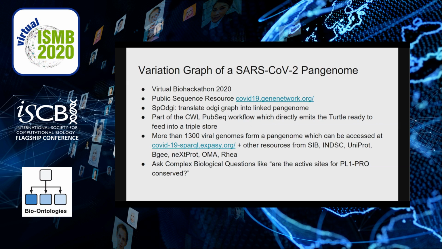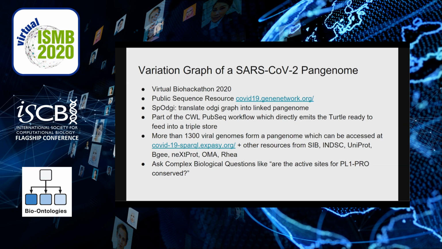There, we built a variation graph of a SARS-CoV-2 pangenome, which is hosted by the Public Sequence Resource. Spodgy was used to translate the ODGI graph into a linked pangenome and also became part of the CWL workflow that is capable of directly serializing the variation graph into Turtle, which is then ready to be fed into a triple store.